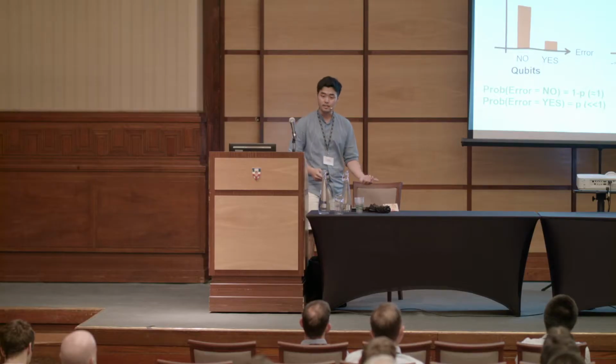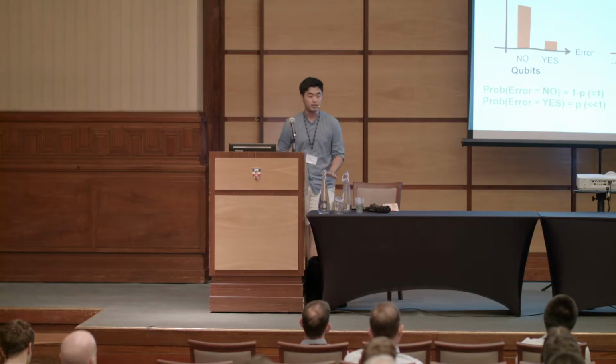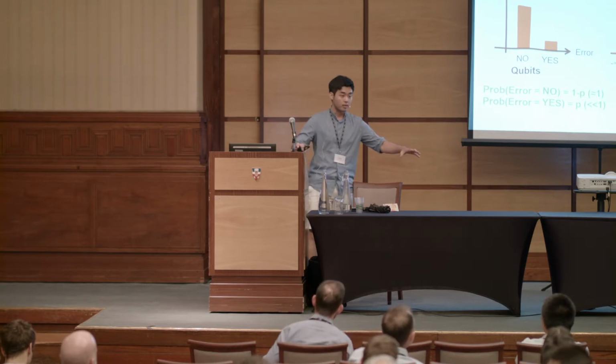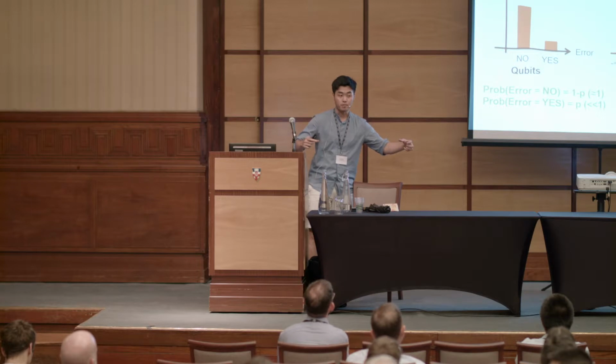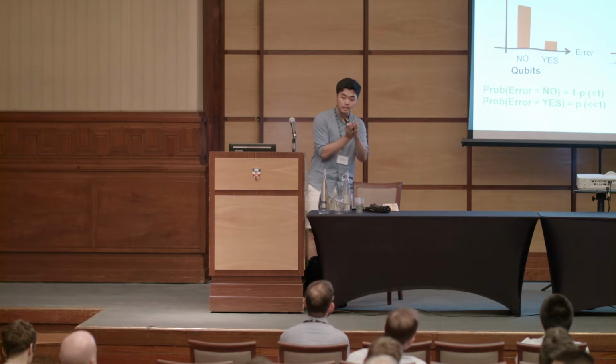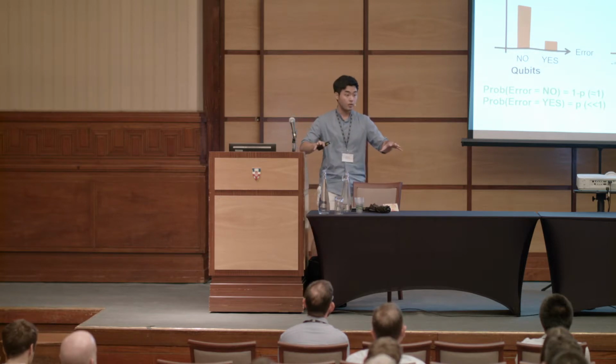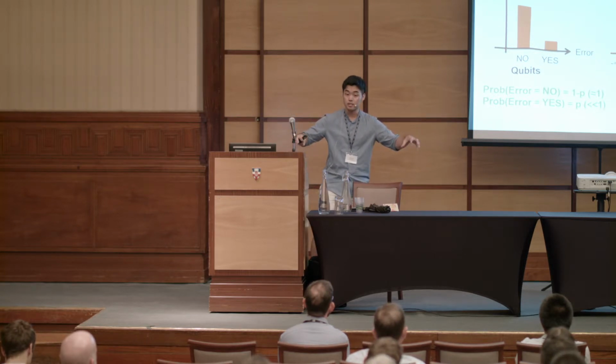So what this means is, although we have a really, really good bosonic mode, very likely all of the bosonic modes are undergoing some error, although small. So even if we correct a single bosonic error, it doesn't help too much because very likely all of the other bosonic modes are undergoing some small error.